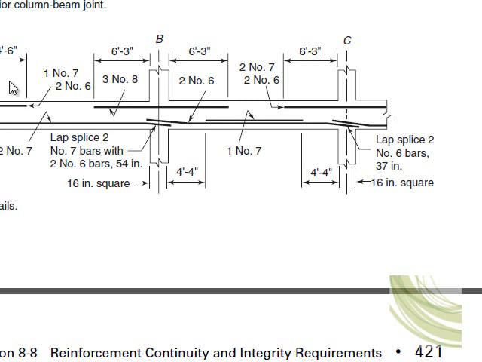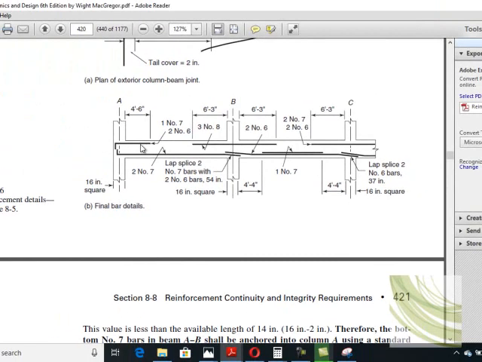We did the calculation for this cutoff point and we provide 4 feet 6 inches, which is more than the development length for number 7. We did the calculation for this hook and the development length of the hook comes out to be 11.6 something, and the space available is 14 inches. So this bar can be easily anchored in this column.